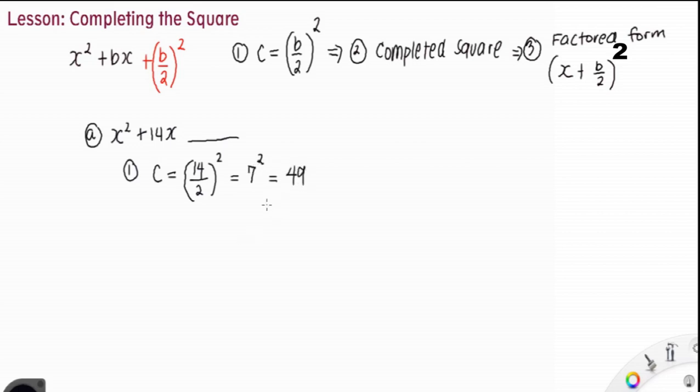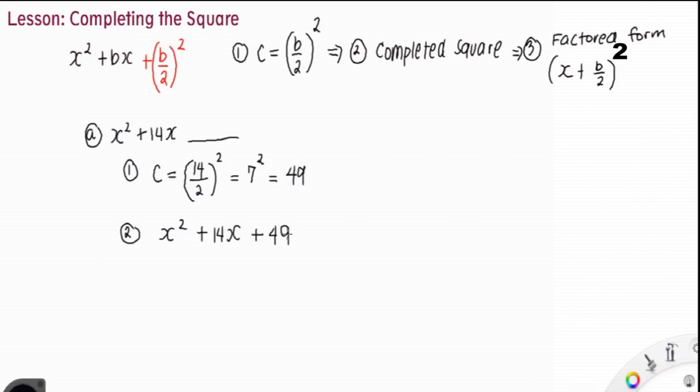Okay? Now, we already got our third term. Now, we must complete the square. That is our second step. So, to complete the square, let me write this expression, x squared plus 14x, and the 49, we will put it here.